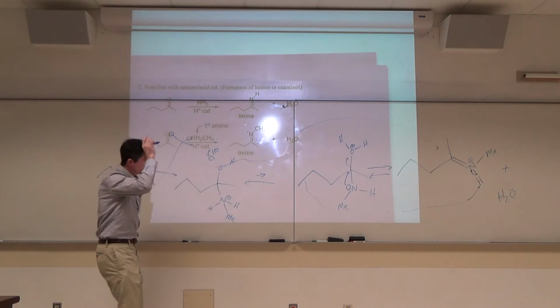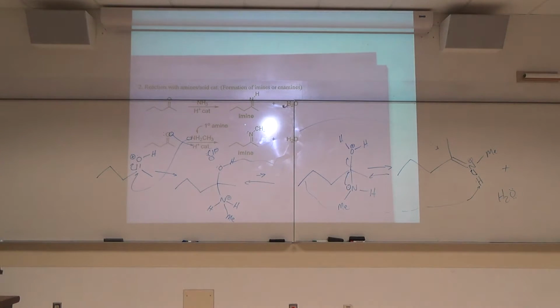So that's one thing. You don't always need the acid catalyst. This is one case. Typically, most all reactions we do that are acid catalyzed, you need the acid catalyst. This one you don't.